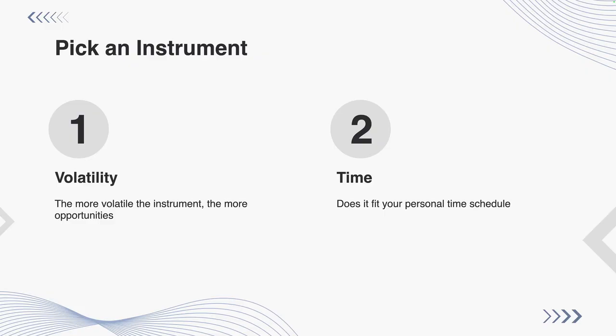So for me, EU, GU is not really an option unless I want to trade the last part of the New York kill zone, but I do not necessarily want to do that. So my personal preference would go out to, again, one of the indices or crude oil, for example. So does it fit your personal time schedule and your time zone, the kill zones that you want to trade? Based on that, you can pick an instrument.